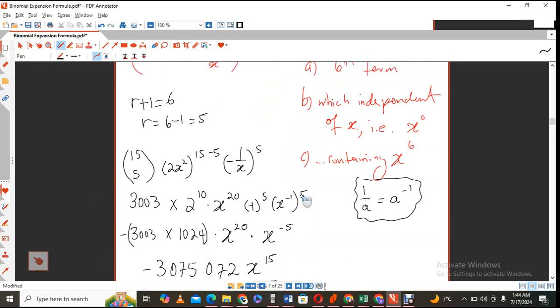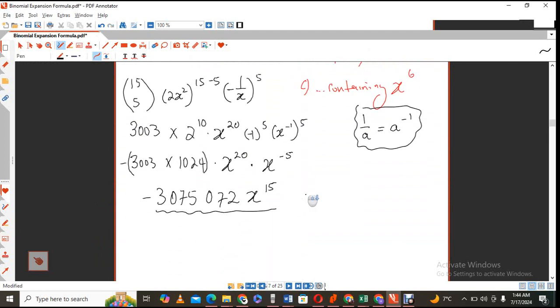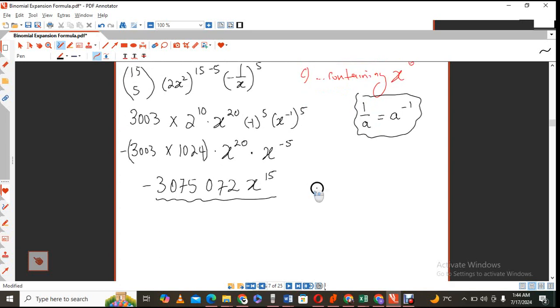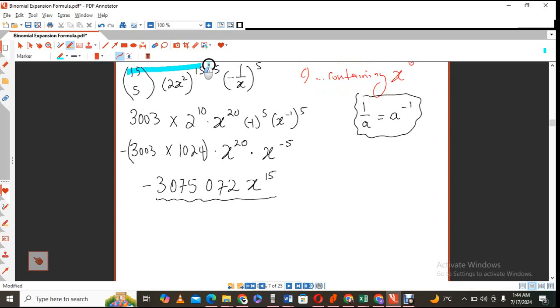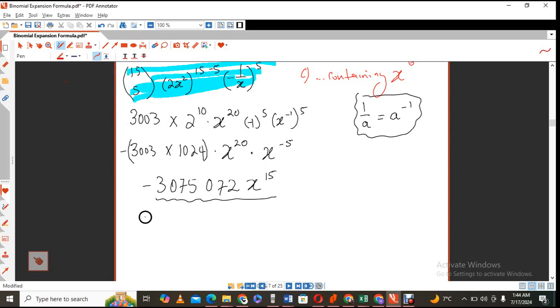So they're saying the term which is independent of x. What is r? We don't know r. So I'm going to take a leaf from here, and where I have a 5, I'm just going to replace it with an r. So part B would be 15 choose r, then 2x squared raised to the power of 15 minus r, and then -1 over x raised to the power of r.